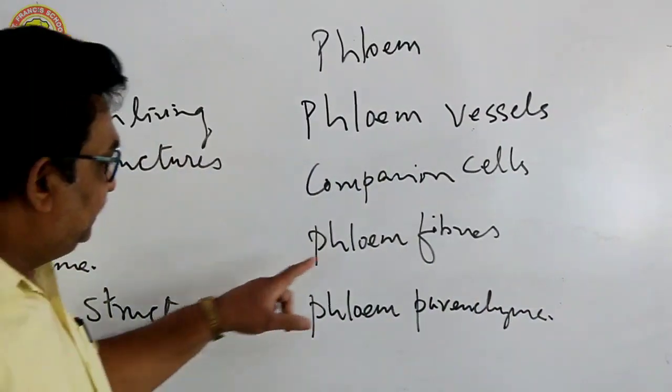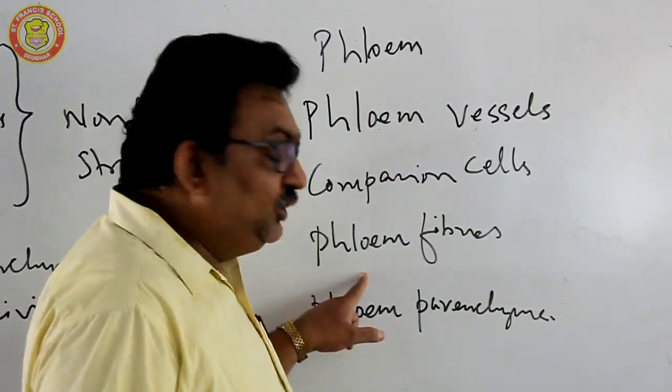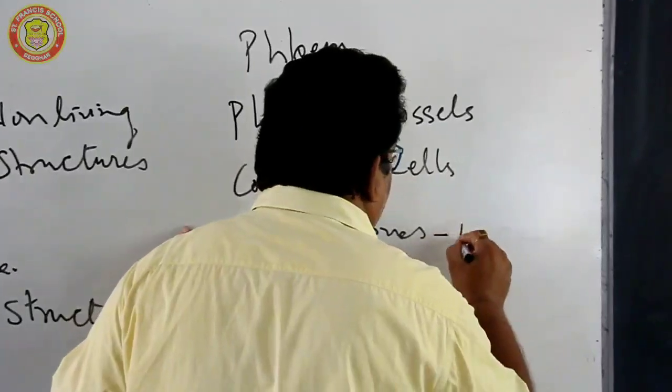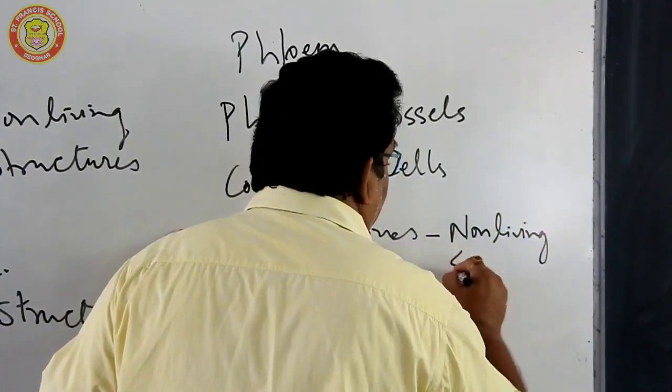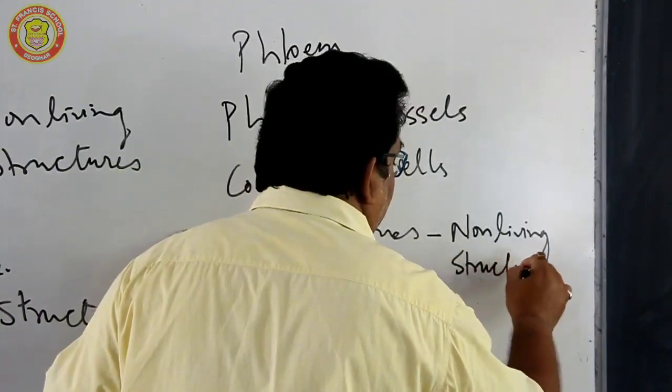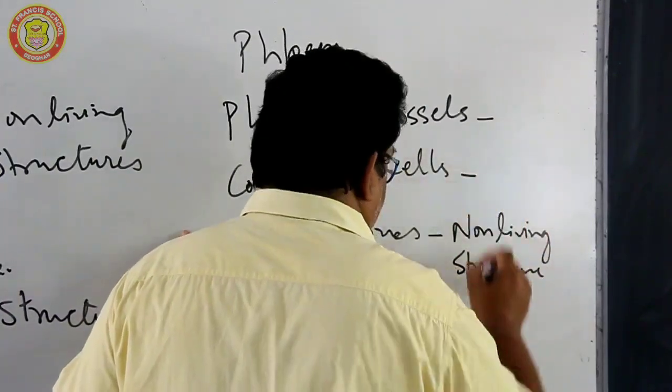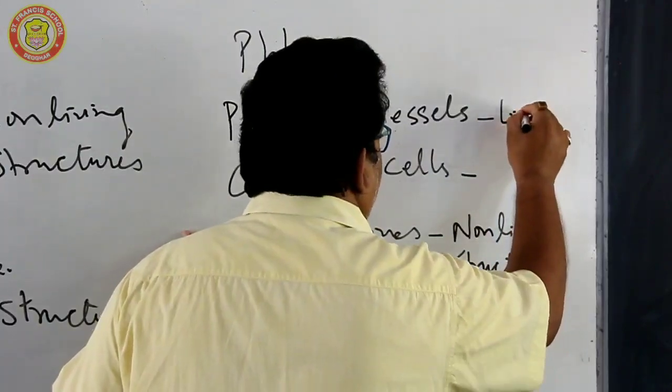Here you have only the phloem fibers, which is a non-living structure, whereas the others are living structures.